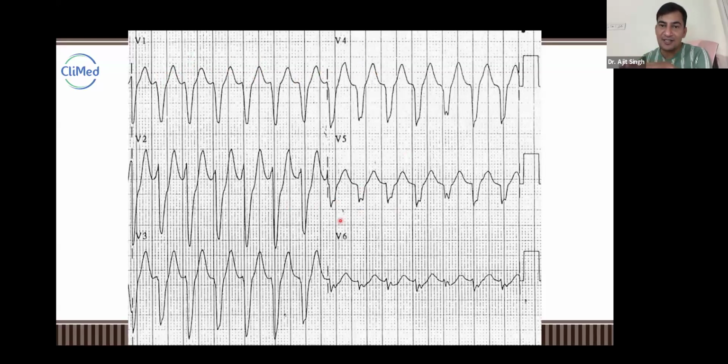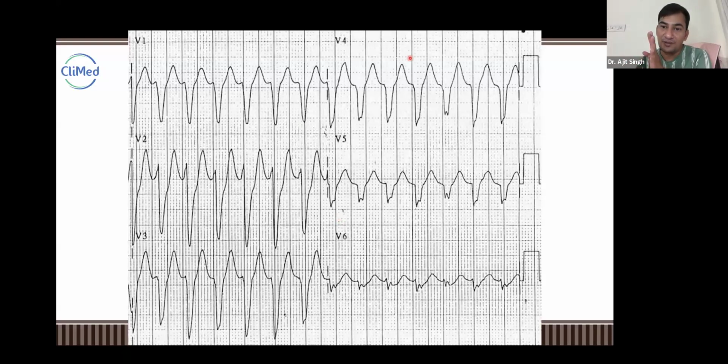If previously it was monomorphic VT, then what is this? Polymorphic, yes. It is an inverted T, sir, someone says. I'll tell you the T, Bhavika, don't worry. But first differentiate. What is this?